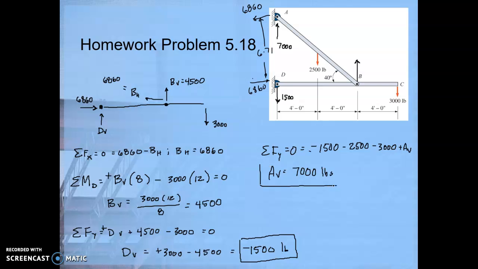Okay, so now that we have AV and we've got the reactions at B and D, we really have all of the pin reaction forces, but we could still analyze this diagonal brace just to make sure everything does in fact cancel out. I'm going to have to do that in the next video because I'm just about out of time.